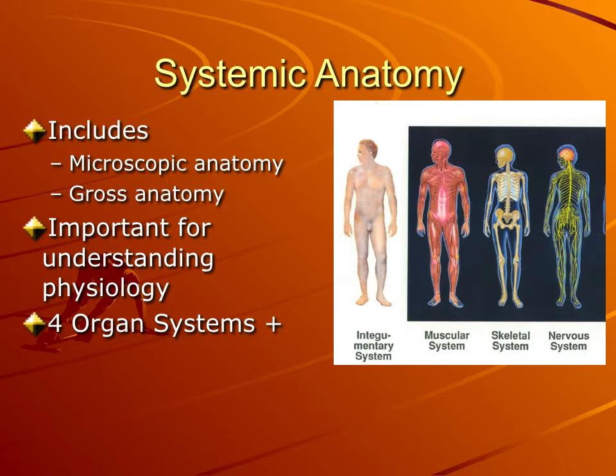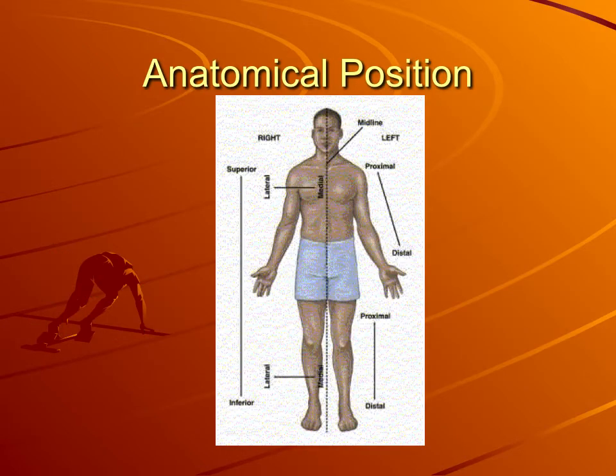There are some general ideas that we need to know before we begin the study of anatomy of organ systems. One is there are conventions that we use for communicating with other people that are interested in anatomy, other medical professionals. One is the idea of a standard reference position called anatomical position.